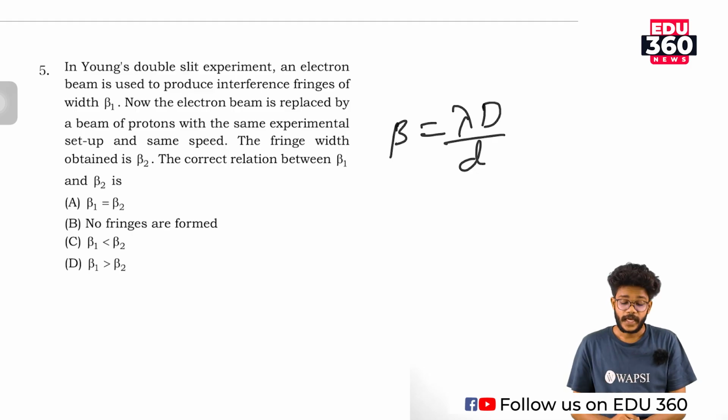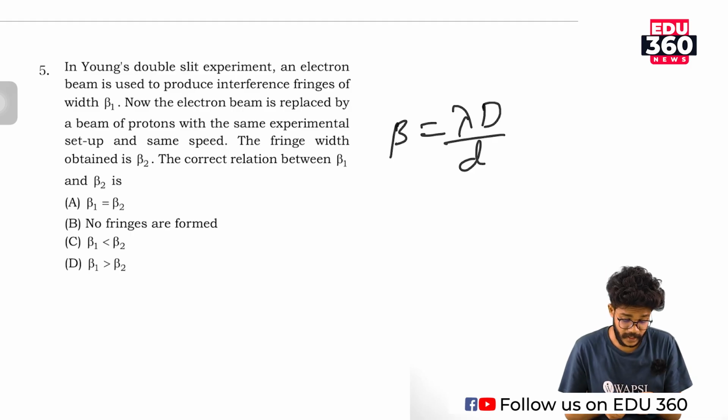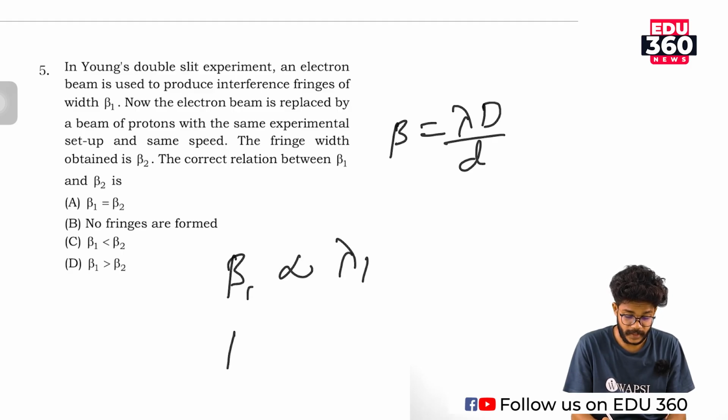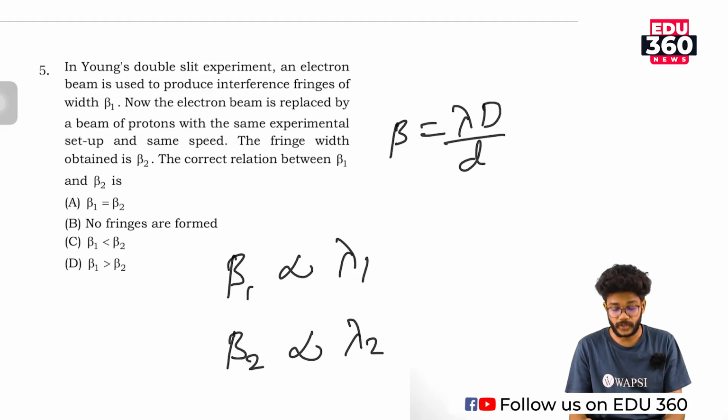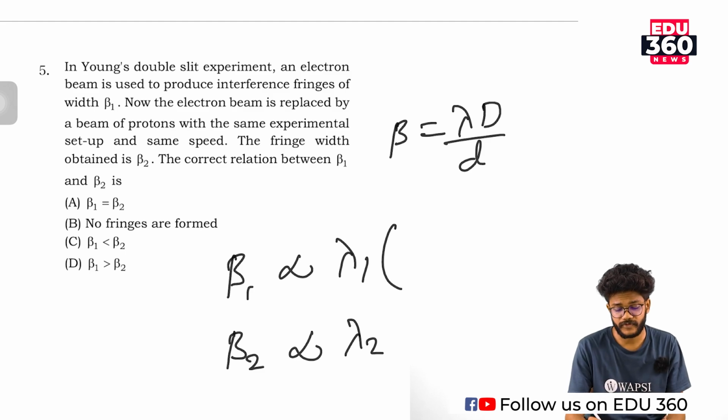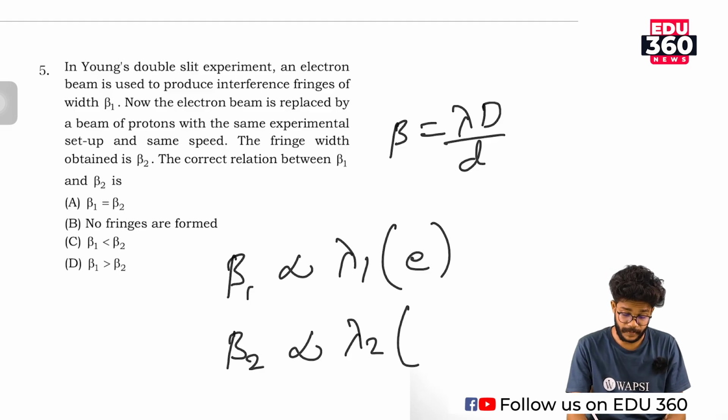That means beta is directly proportional to the wavelength lambda. So beta 1 is directly proportional to lambda 1, and beta 2 is directly proportional to lambda 2. What are lambda 1 and lambda 2? Lambda 1 is the wave produced by electrons, and lambda 2 is the wave produced by protons.